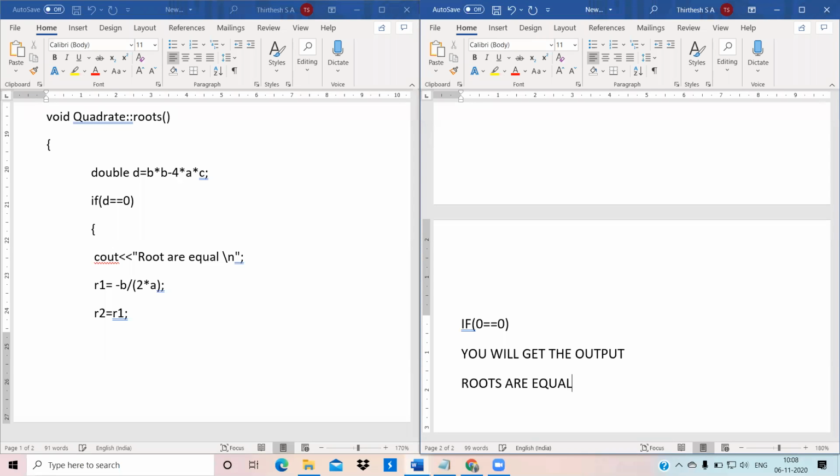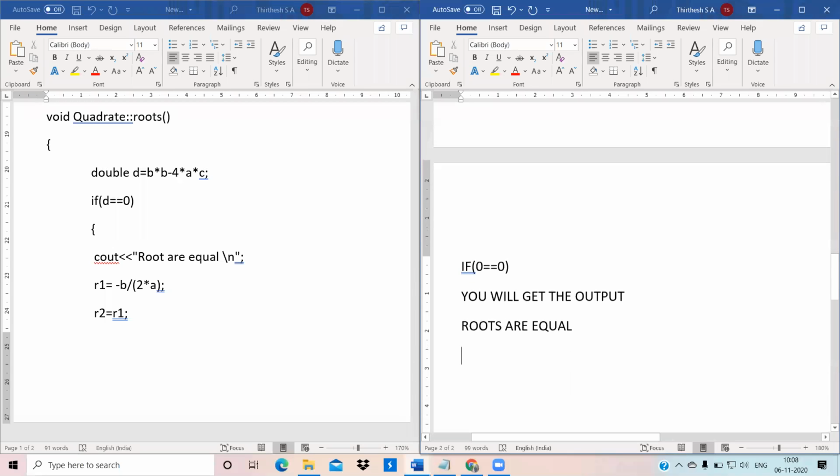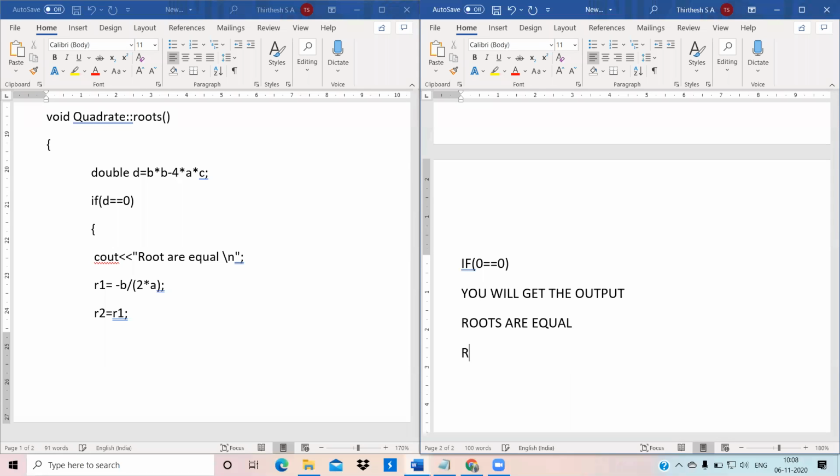So if the roots are equal, then we can say that R1, the real root, and R2, the imaginary root, are equal.